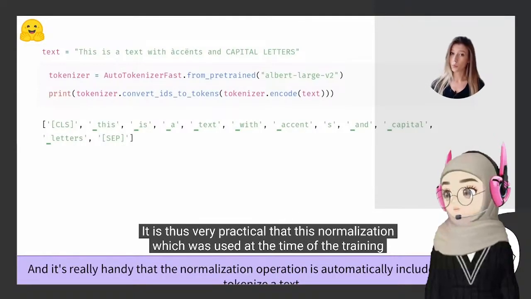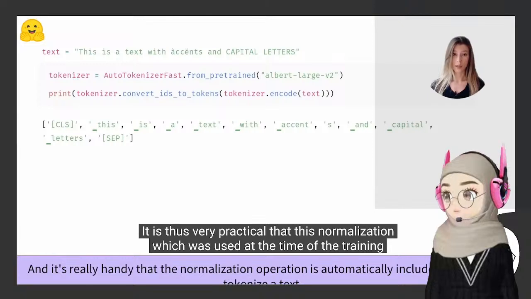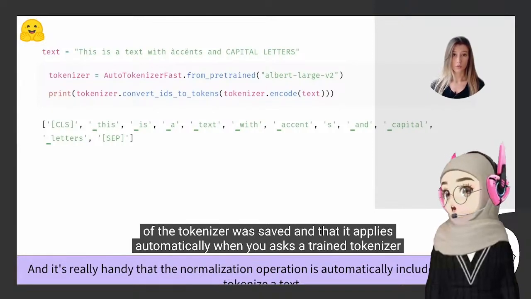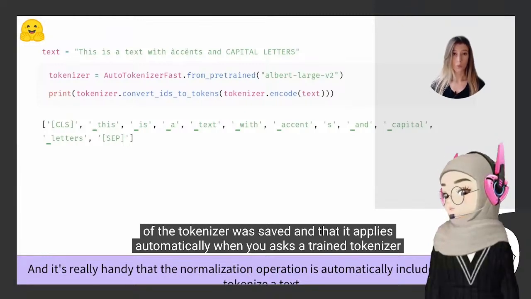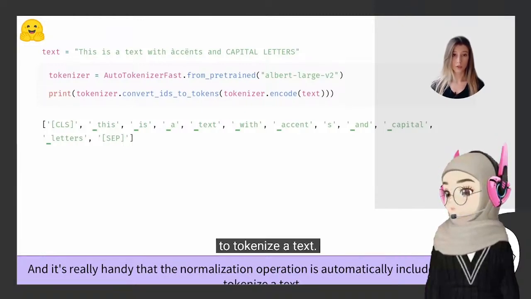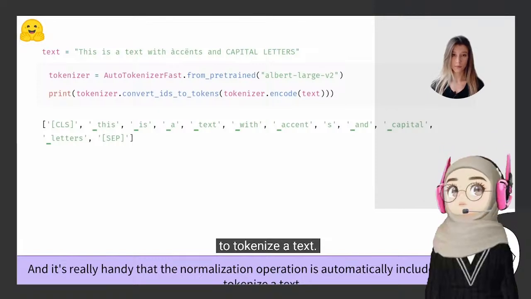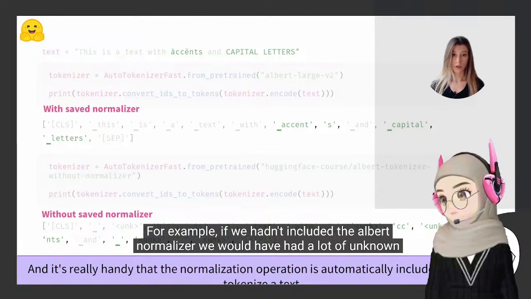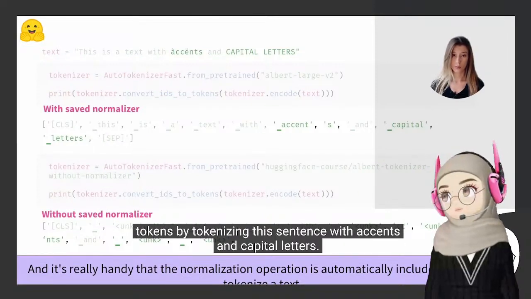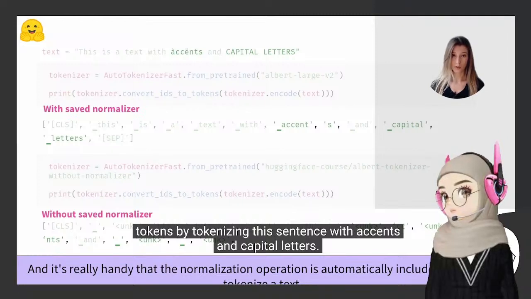It is thus very practical that this normalization, which was used at the time of the training of the tokenizer, was saved, and that it applies automatically when you ask a trained tokenizer to tokenize a text. For example, if we hadn't included the Albert normalizer, we would have had a lot of unknown tokens by tokenizing this sentence with accents and capital letters.